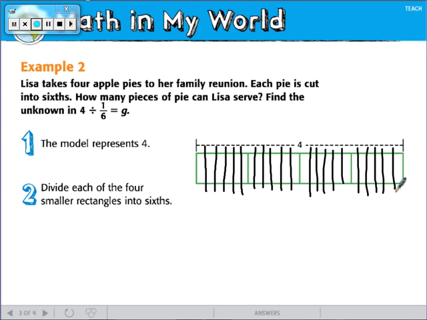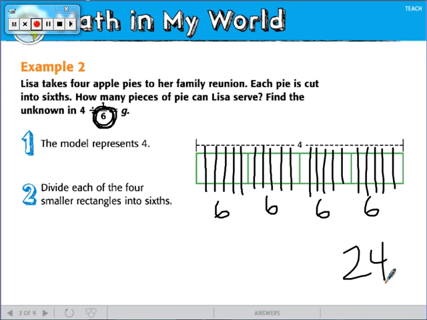So, now we're going to count the pieces that we have. I'll give you a hint. The denominator. There's 6 under each one of those, right? So 6 plus 6 is 12, plus 6 is 18, plus 6 is 24.